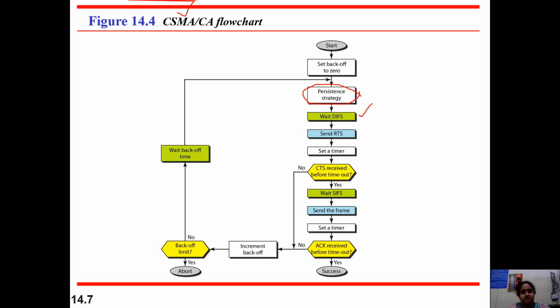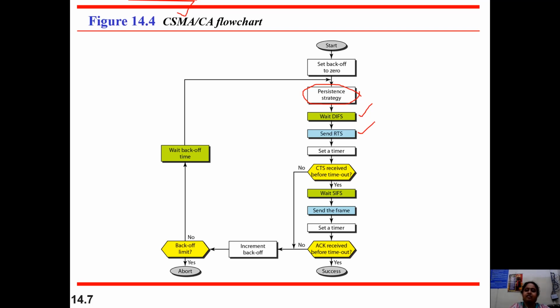Now these random access techniques, one of which is CSMA-CA, are used by the stations. When stations are implementing DCF, they would be using CSMA-CA. And that is why stations which use DCF wait for DIFS time. After waiting for that time, if the station is still eligible to send the data, then the RTS signal is sent. RTS is the request to send signal.